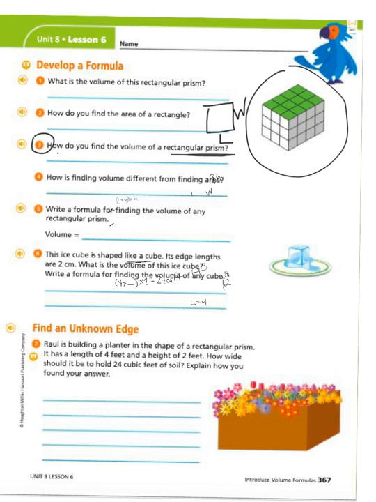So you simply have to take 4 times 2, you get 8, and then you'd have to think 24 divided by 8 equals what? And then that answer goes up here. And you can explain how you found it.